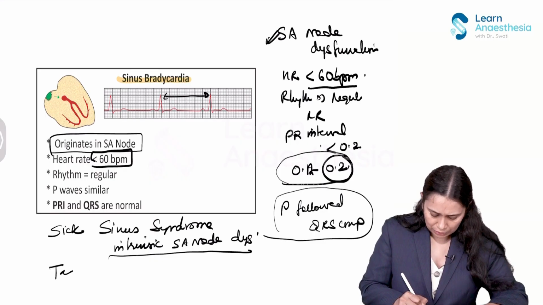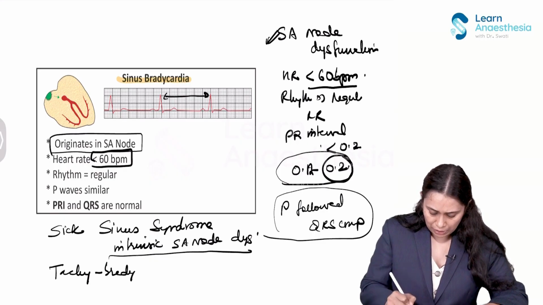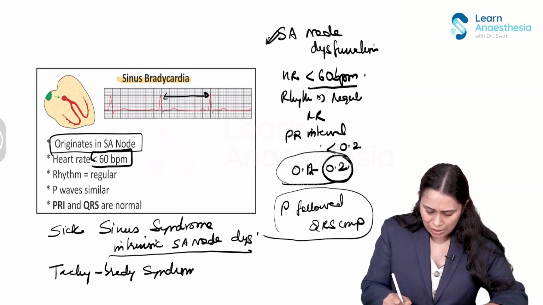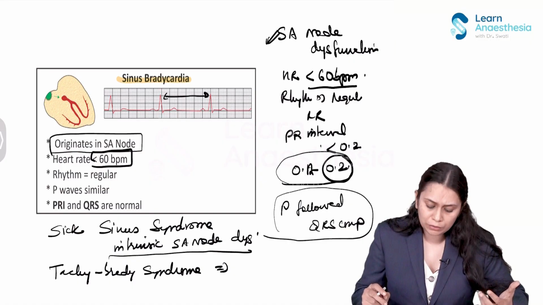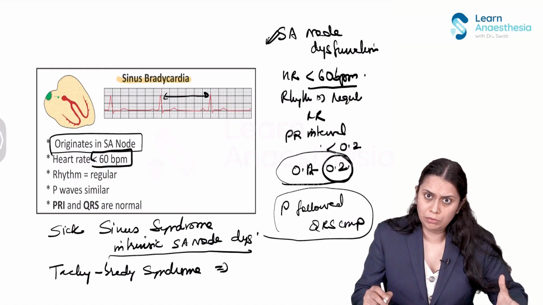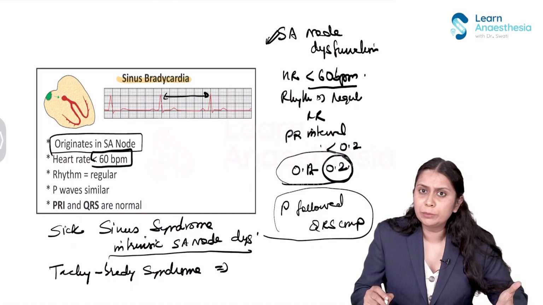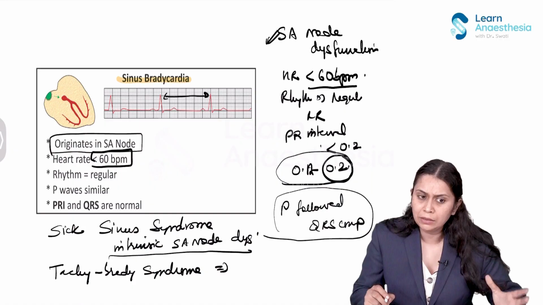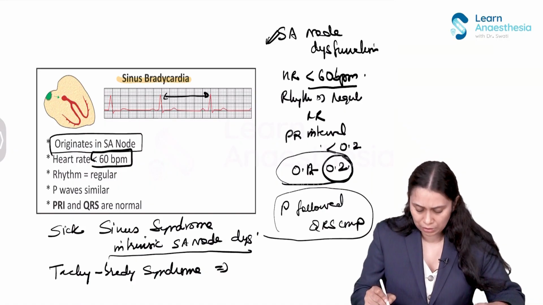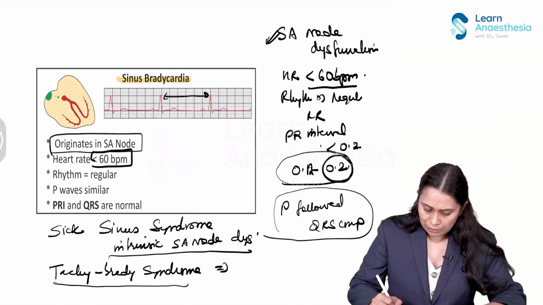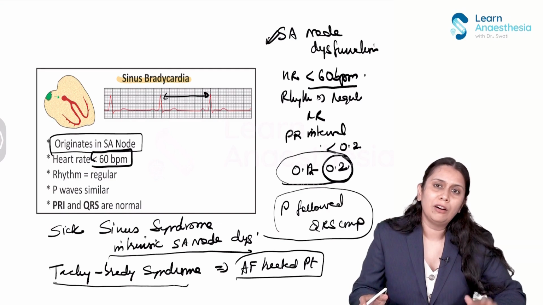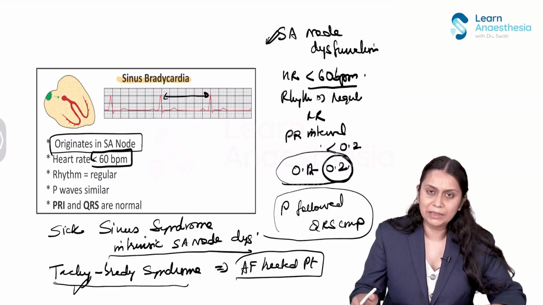This happens when we give AV nodal blocking agents to a patient in atrial fibrillation, and their prolonged effect is seen. So after tachyarrhythmia, prolonged bradyarrhythmia. This is seen in the atrial fibrillation treated patient, with a prolonged period of depression of the SA node. So we call it tachybradyarrhythmia syndrome.